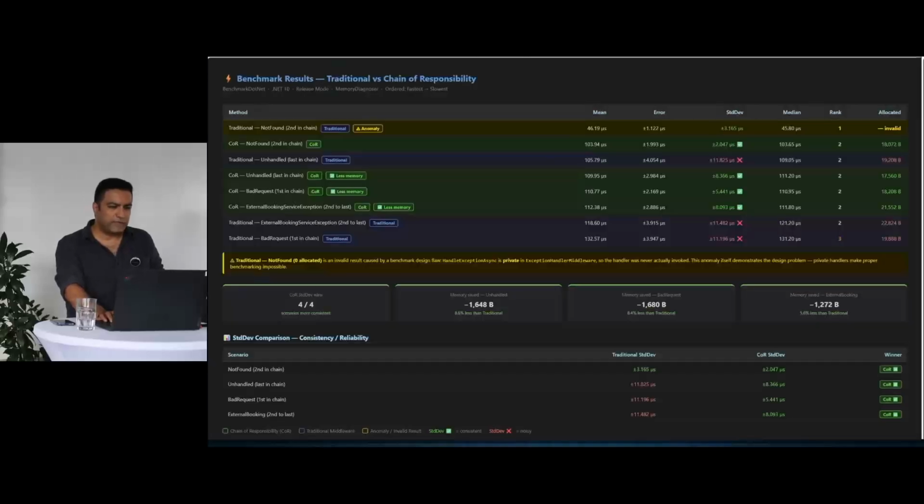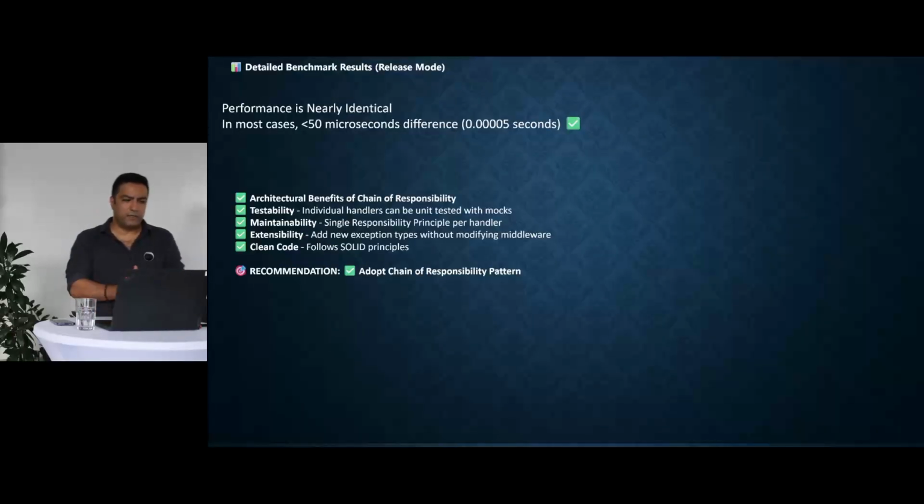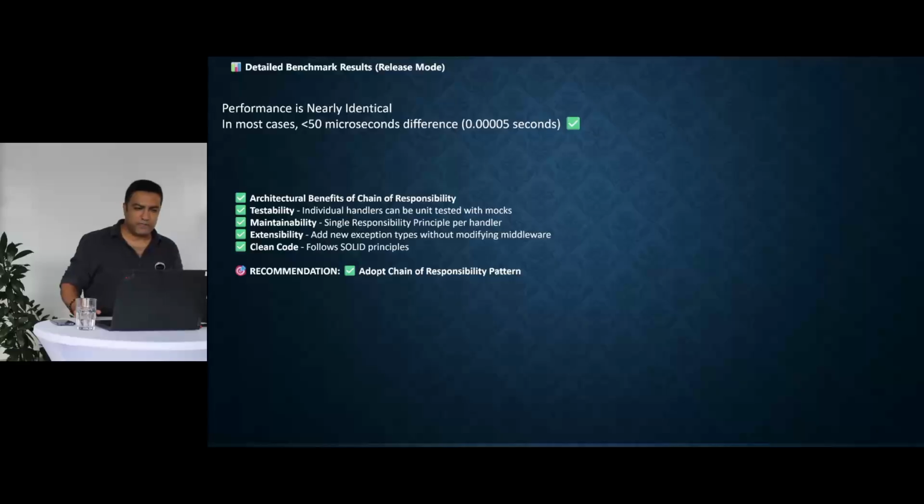But what's important here, in terms of memory, speed, mean, median, and rank, the chain of responsibility looks better or in the worst case similar. The results are nearly identical, and the differences are really negligible, not something to be worried about, and less likely we have more than 10 or 15 cases in my opinion.